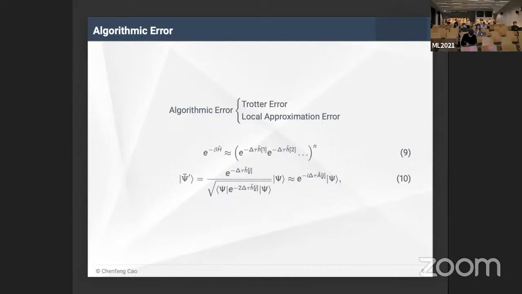Algorithmic error accumulates with the increase of beta, with the increase of steps. So suppose we want to prepare the ground state of a very large system. We need many steps to find the ground state. But then the algorithmic error will ruin the whole algorithm. The state we obtain eventually is far from the ground state.